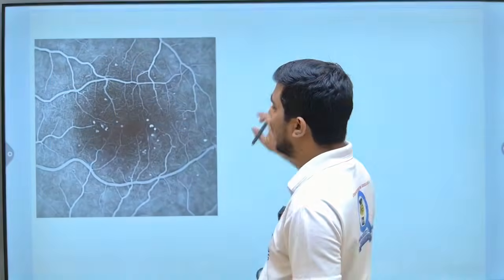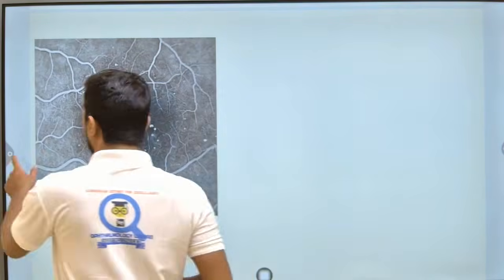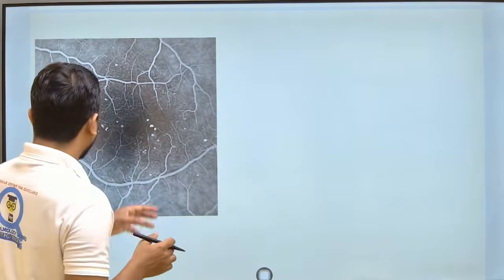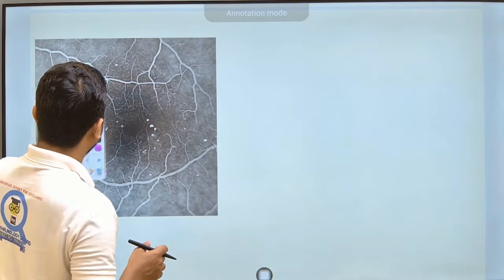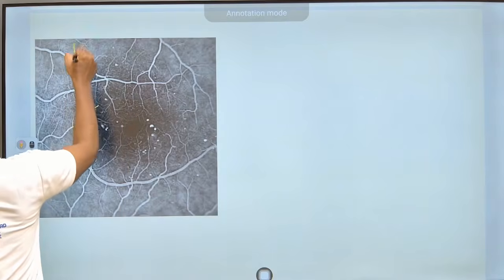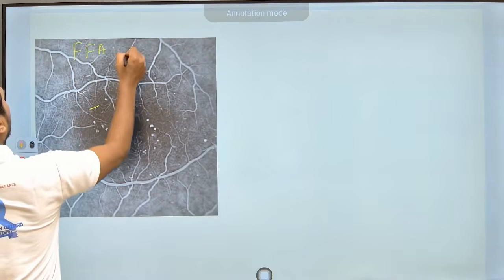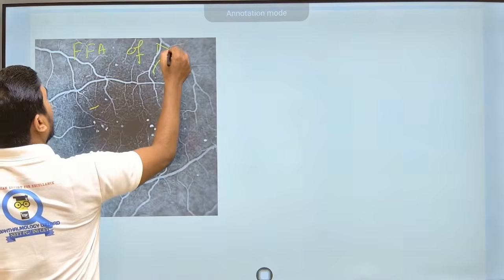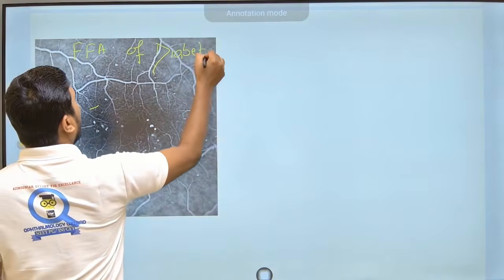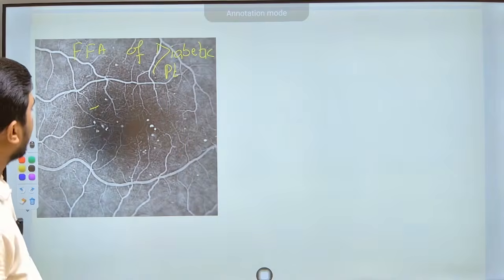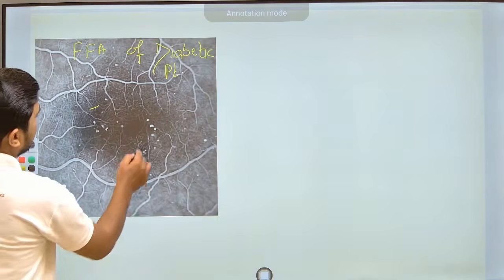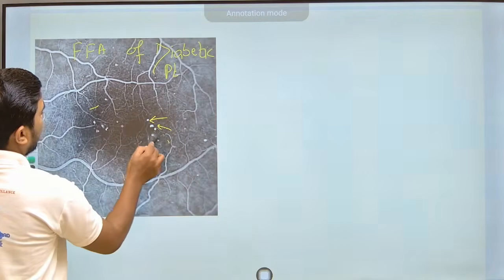Now, coming to this picture, FFA of a diabetic patient is done. I'm telling you, this picture is adhura, this picture is half only. So I'm giving you the full history. This is the FFA of a diabetic patient. So what is this small area?